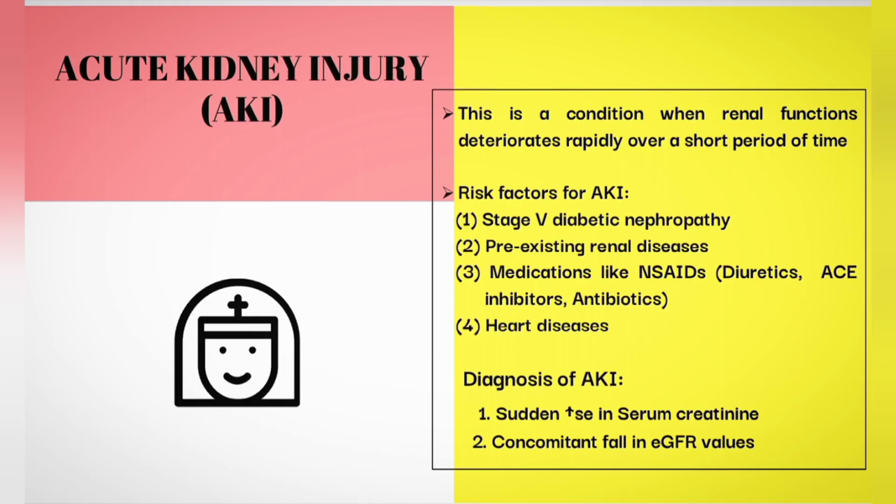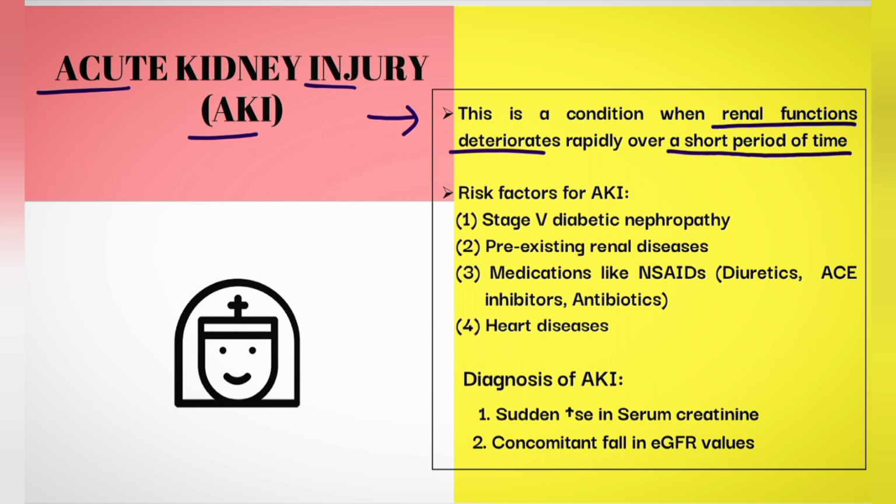Now discussing one of the important terms, that is acute kidney injury, AKI. As we have already discussed, this AKI is a condition when there is sudden deterioration in the renal functions over a very short period of time. When we see the risk factors for acute kidney injury, these are stage 5 diabetic nephropathy, when the person already has any pre-existing renal disease.